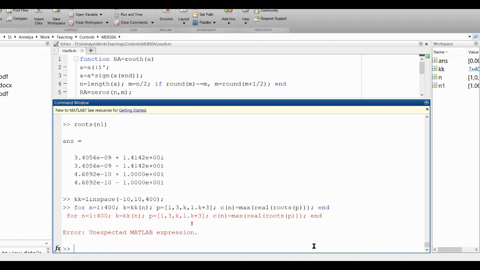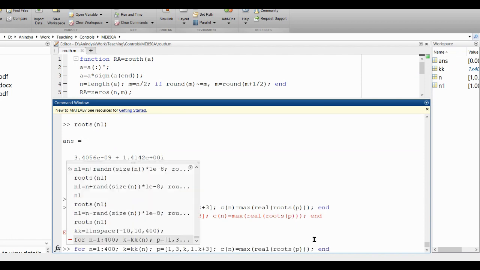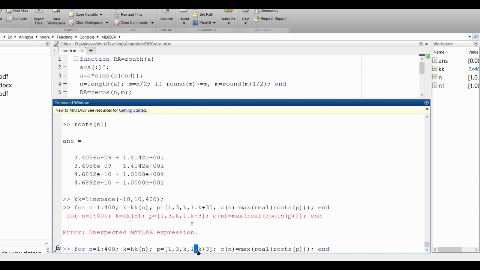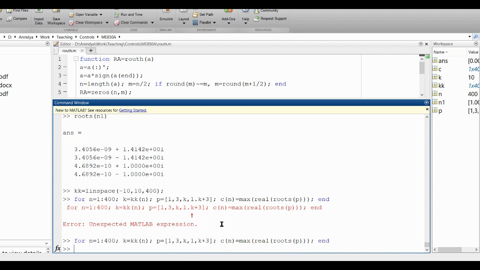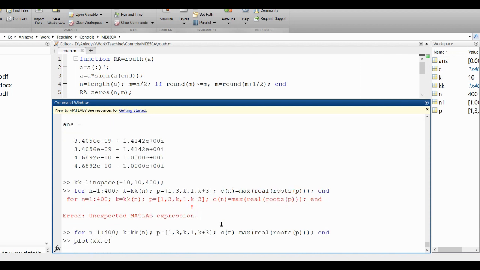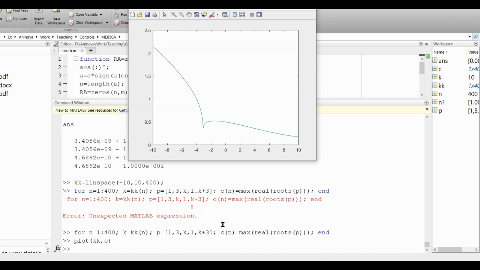Well, that didn't work because I put a full stop there. Now let me plot kk and c. You see, in this range there is always a positive root, so it didn't work.